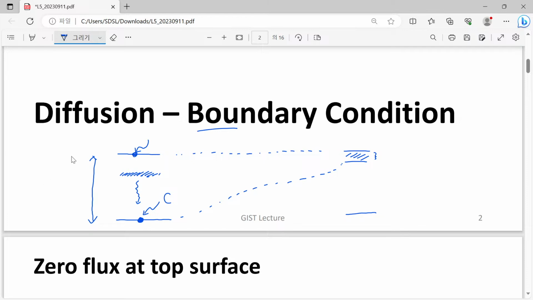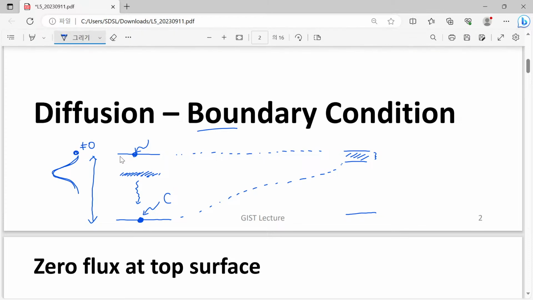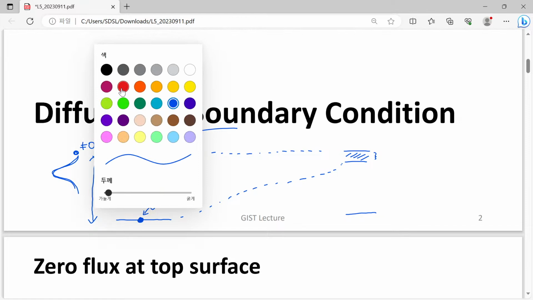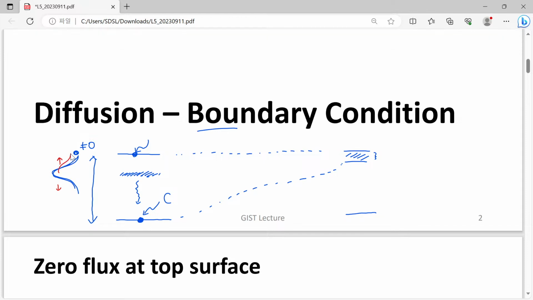So typically what we can expect is like this. This is a typical doping profile as implantation is over. So here we have a non-zero profile even at the surface. Then what will happen? If we apply certain heat, then it will diffuse in this direction and also that direction. So usually what we have is, as time goes, an increase of our dopant density.